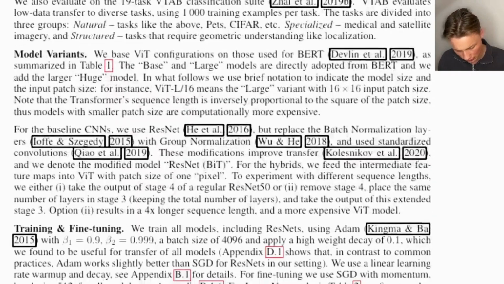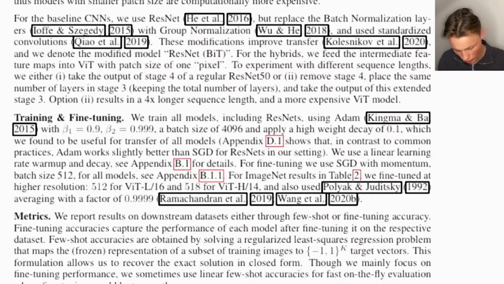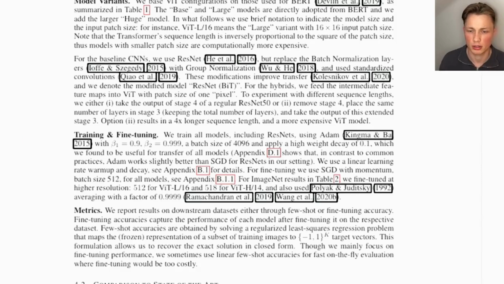So let's just have a look at their training. We train all models, including ResNet. So for their evaluation, they also train the ResNet, and they use the Adam optimizer. Adam always has two parameters, beta 1 and beta 2.